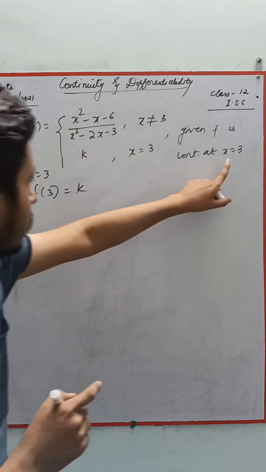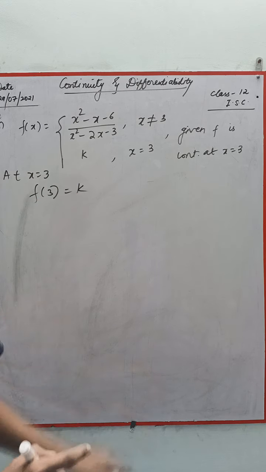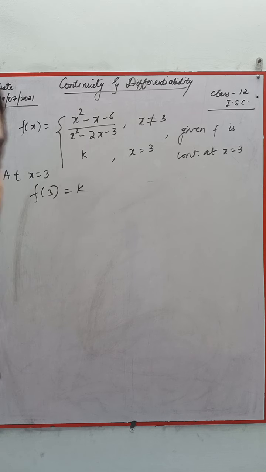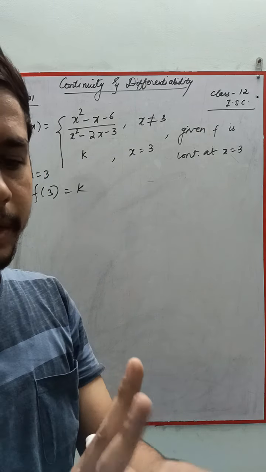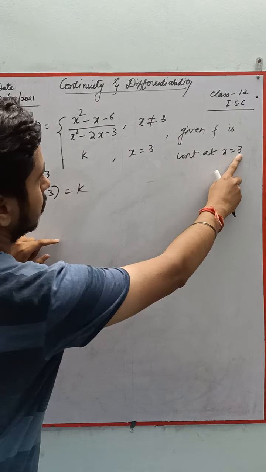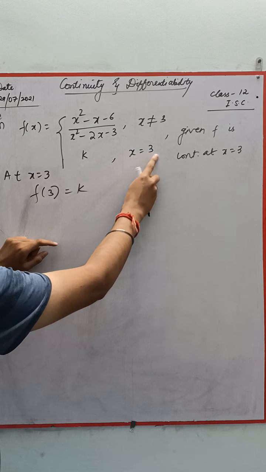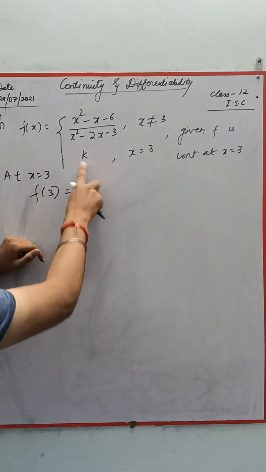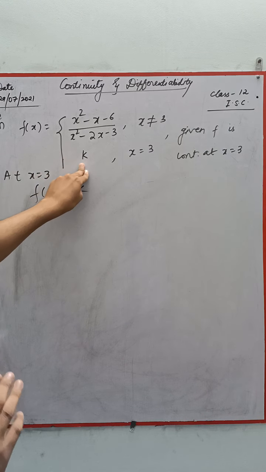So at x is equal to 3, the function is giving the value k, so we can put f3 is equal to k, because we know the condition for continuity that its value on the function, its LHL and its RHL, all three should be equal. So value on the function means x is equal to 3. On putting x is equal to 3, we are given k as a result. So f3 is equal to k. Keep it as it is, because we need to find the value of k.